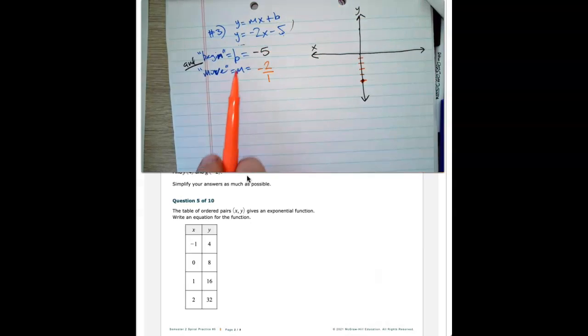Negative 2 is not a fraction, so make it negative 2 over 1. And then you might recall from your slope that you go to your beginning point and you go either up and right or down and right. Do you guys think this one's up and right, or down and right?